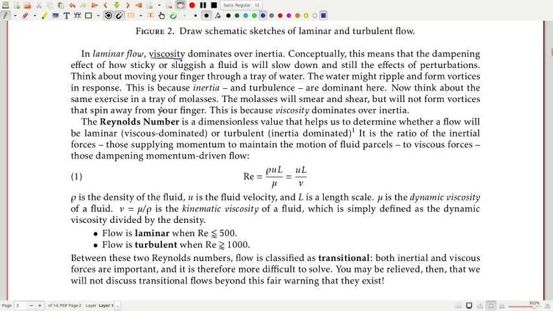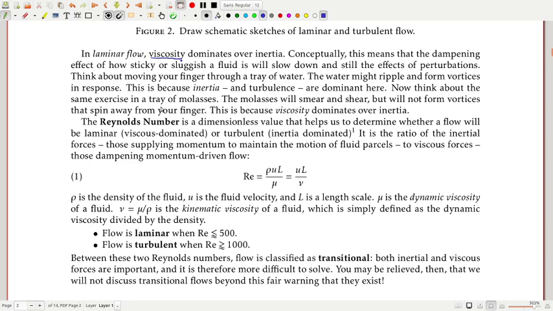And so in laminar flow, this viscosity is going to be dominant over inertia. On the other hand, in flows that are turbulent, inertia will be dominant over viscosity. And what that means is that instead of dampening down, things can swing around and fly wherever they will.